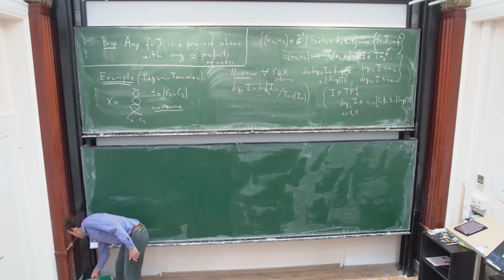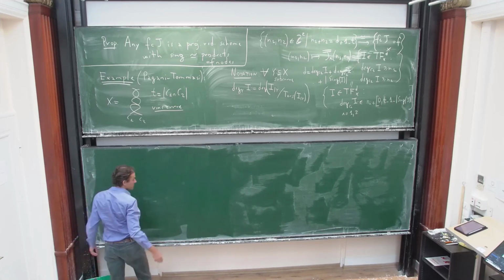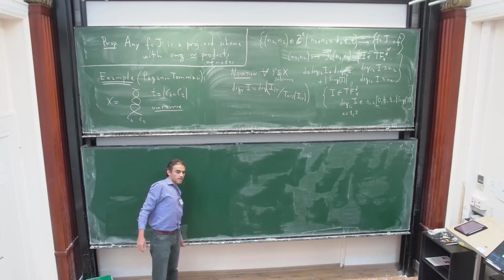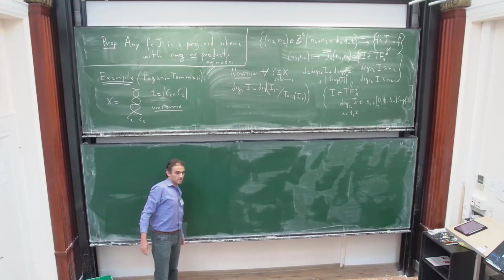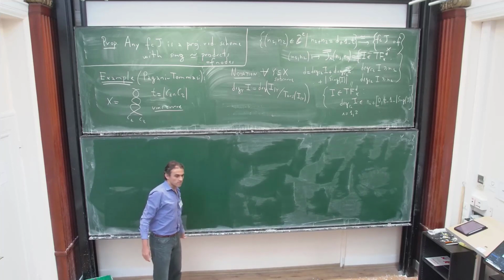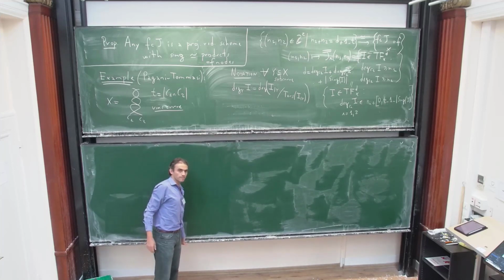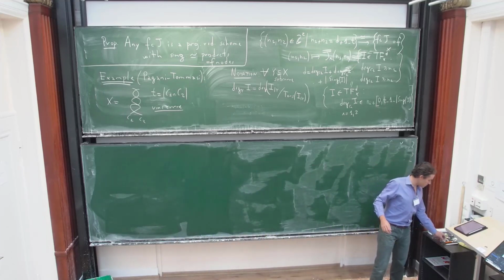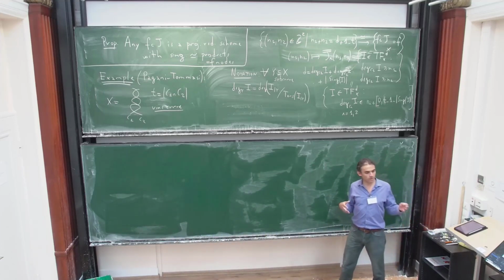So is the normalization of these compactified Jacobians always smooth or not? Yes, in this case it's smooth. Yes, exactly, normalization is always smooth, and it's a disjoint union of toric varieties.